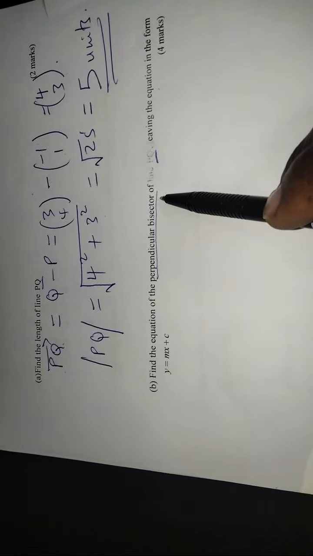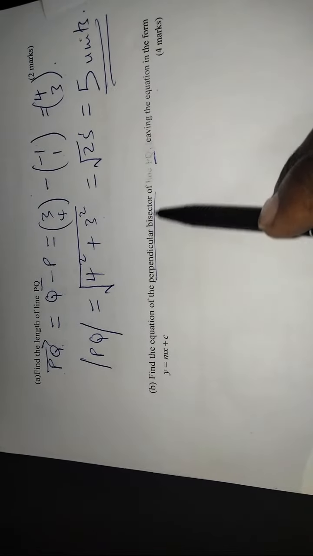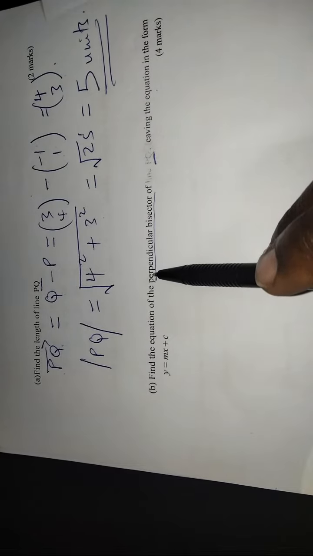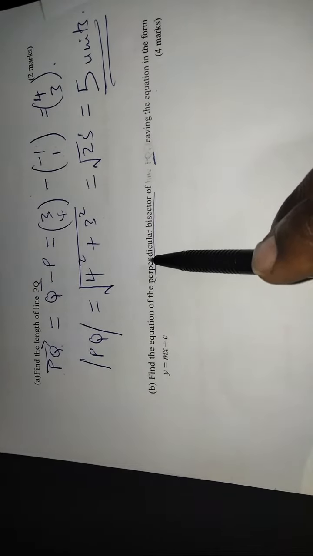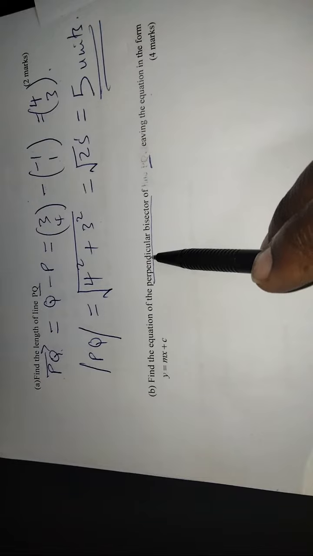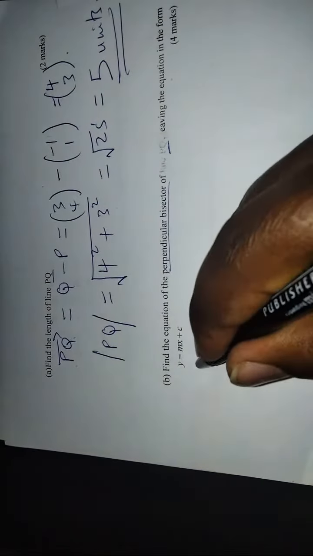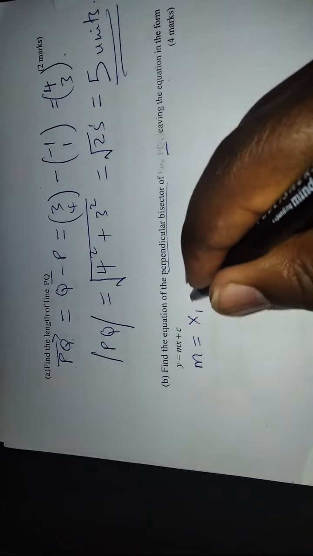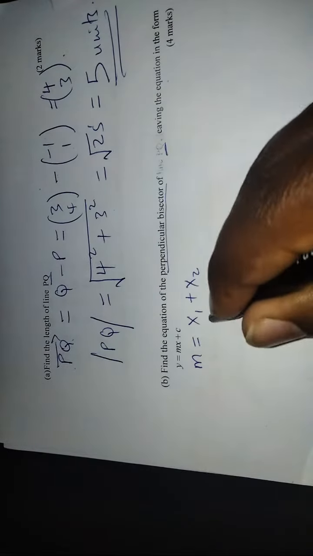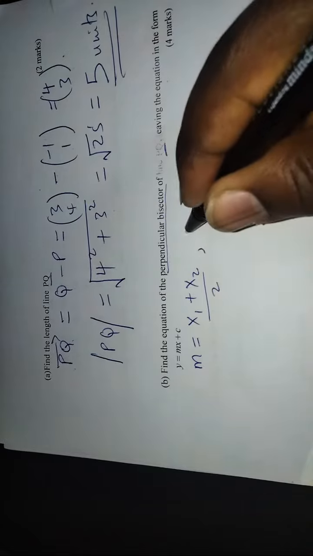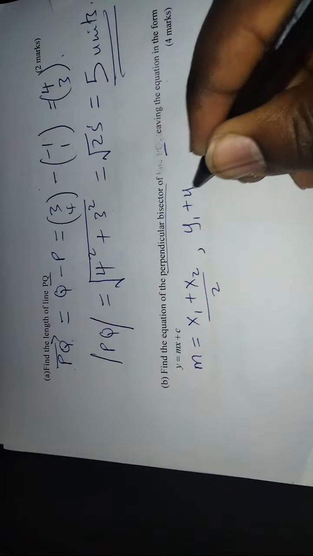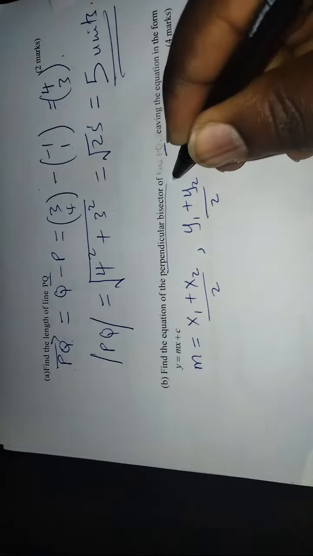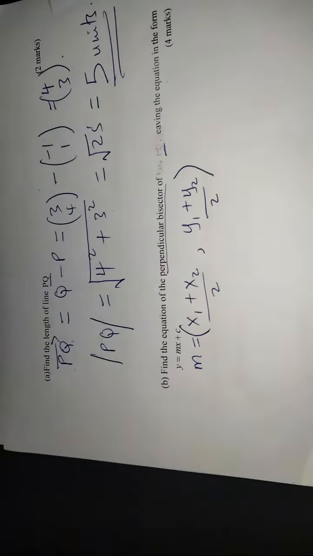It should be noted that the line whose equation is being found passes through the midpoint of PQ. The midpoint is usually given by the first x plus the second x out of 2, the first y plus the next y out of 2. We express it as a coordinate.